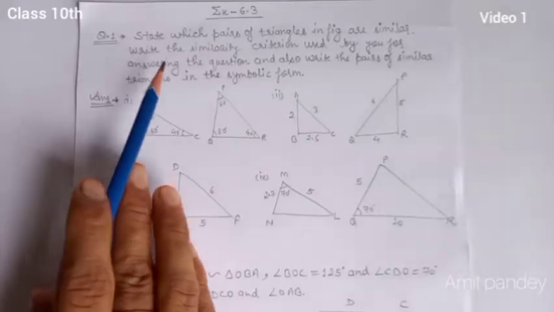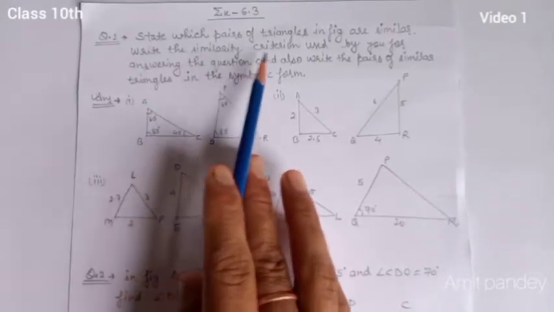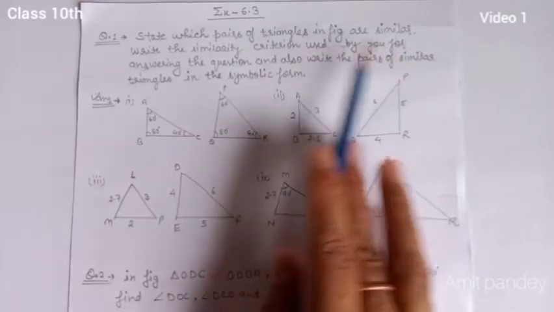So students, in the previous session we did some criteria of similarity, and today we'll start the next exercise, 6.3. Now question number 1: state which pair of triangles in the figure are similar.